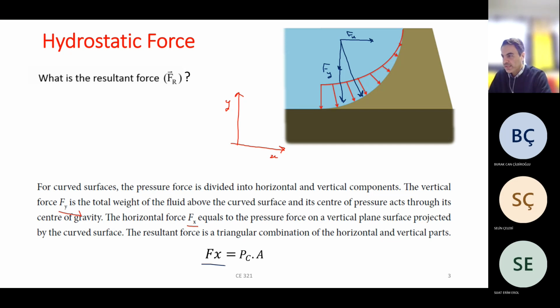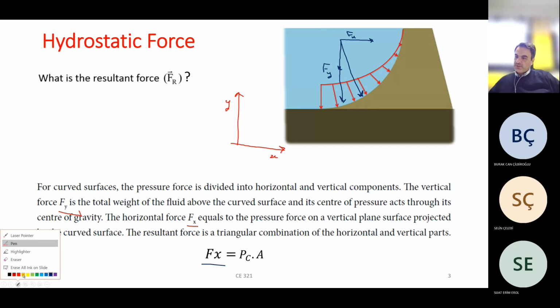The horizontal force, Fx, equals the pressure force on the vertical plane surface projected from the curved surface. The resultant force is a triangular combination of the horizontal and vertical parts. Here, Fx equals Pc times A. We should find the projection of this curve on the y direction to calculate Fx.